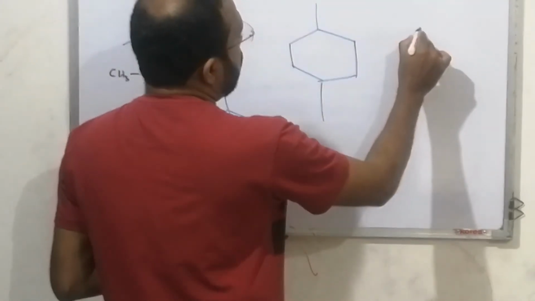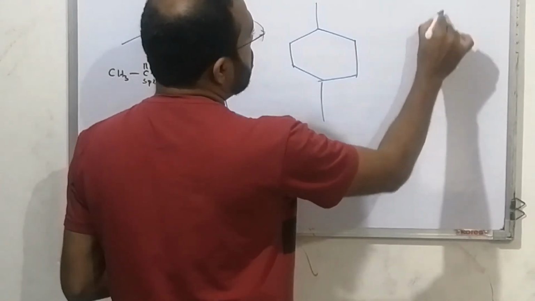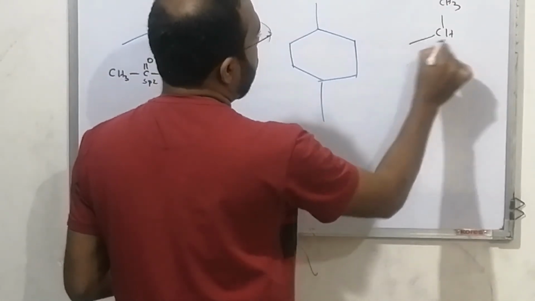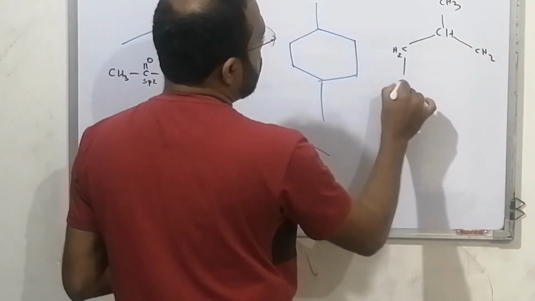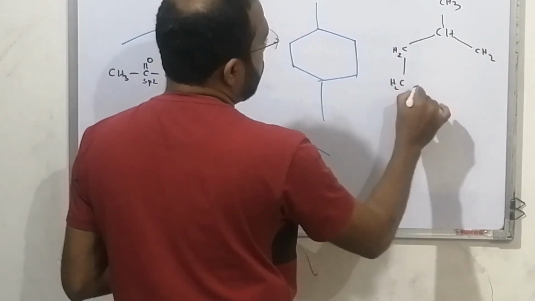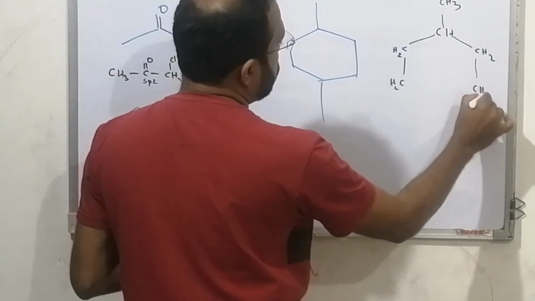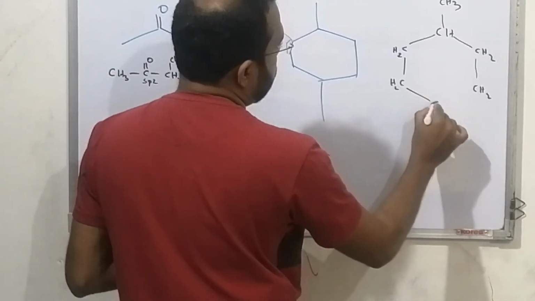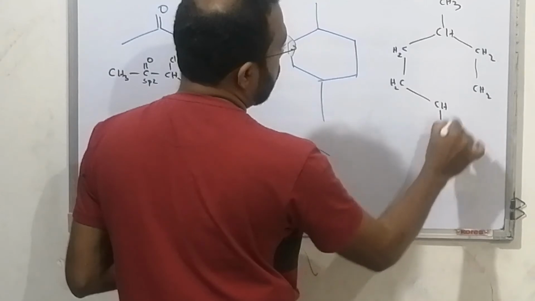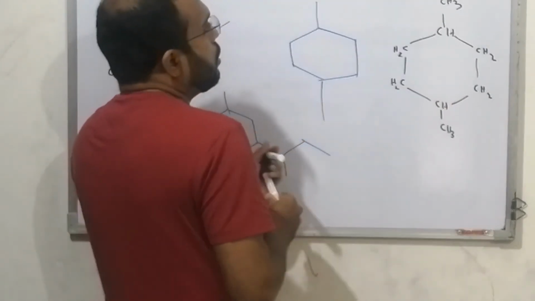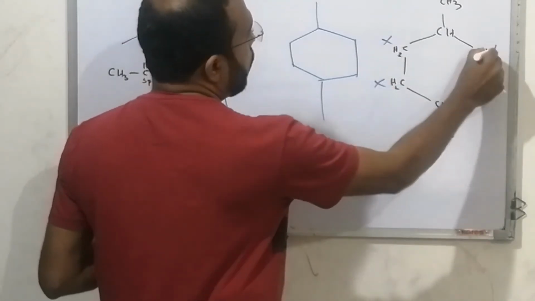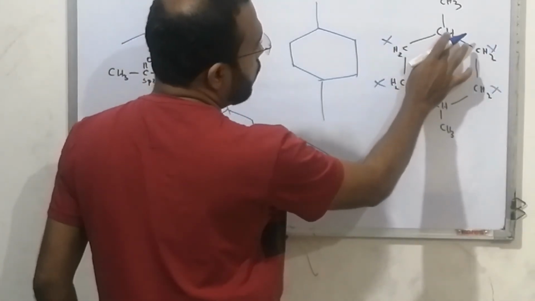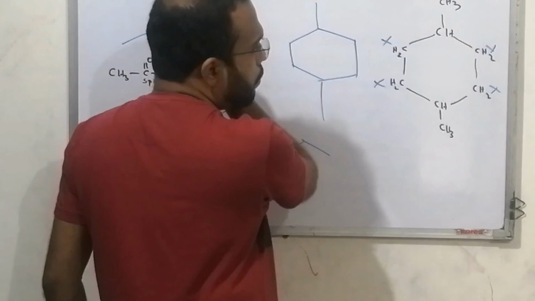Now you write this molecule: CH3, CH2, CH2, CH2, CH2, CH3, CH3. Now you have this option.